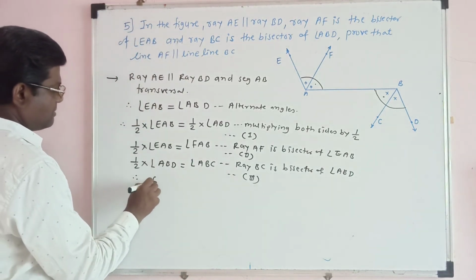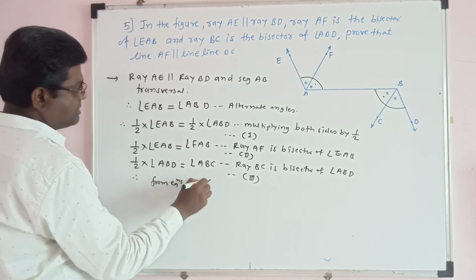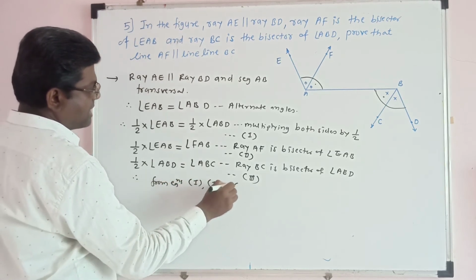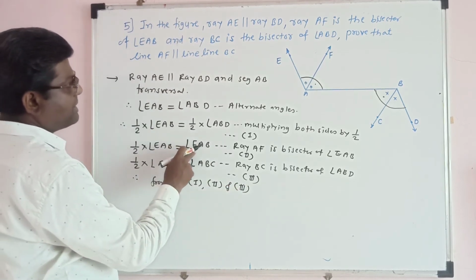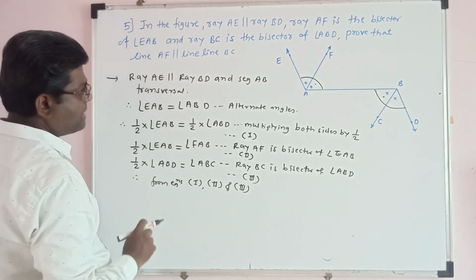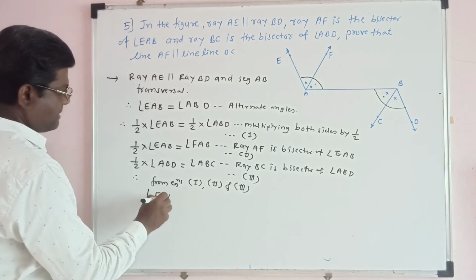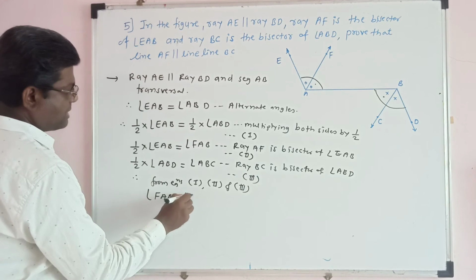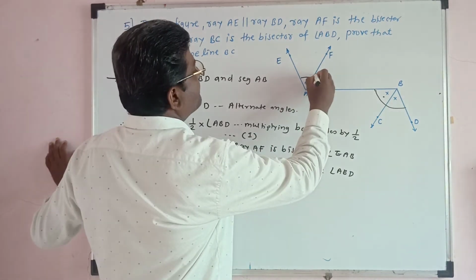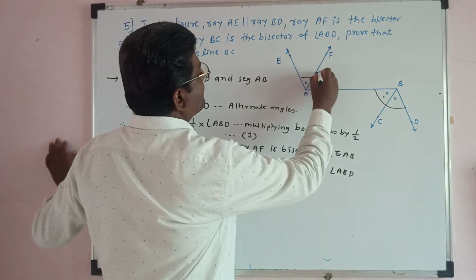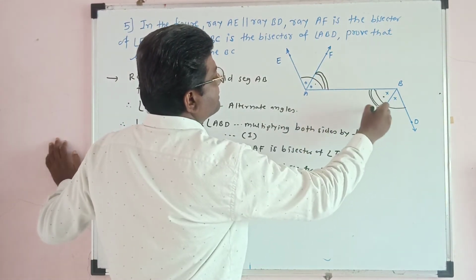Therefore, from equations 1, 2 and 3, this angle FAB is equal to angle ABC. So this angle FAB is equal to angle ABC, this angle.